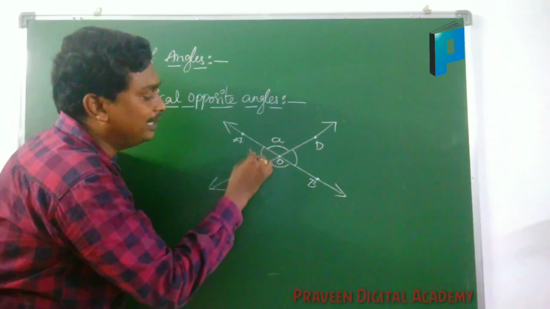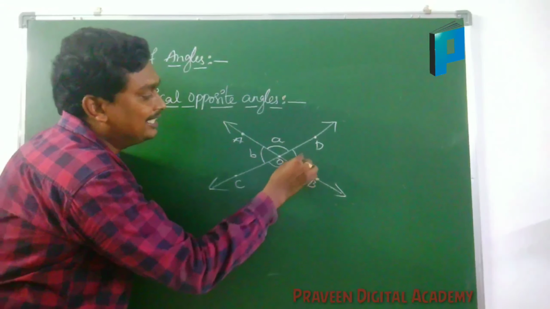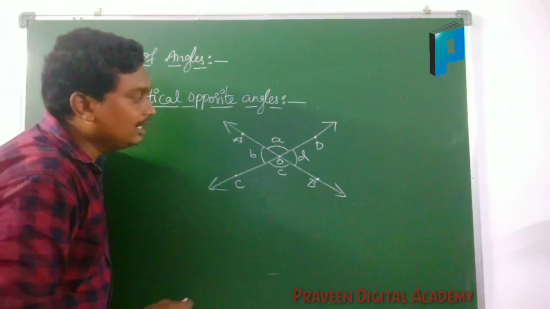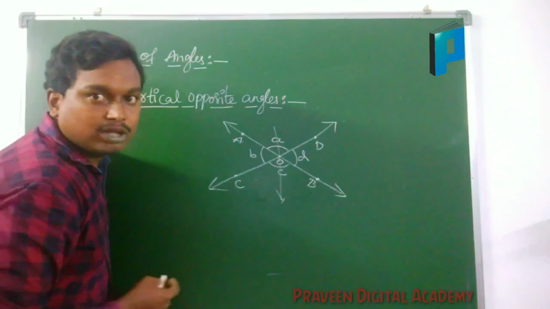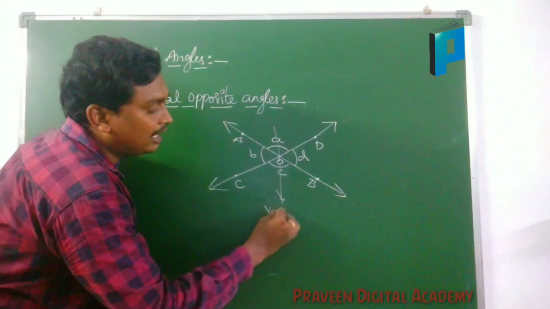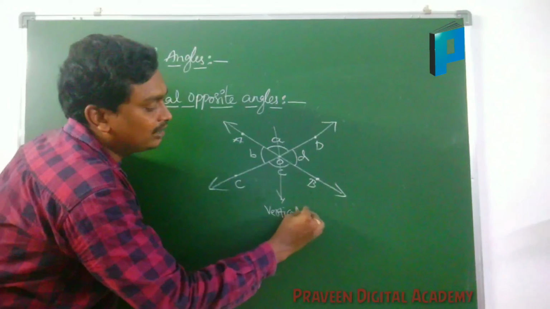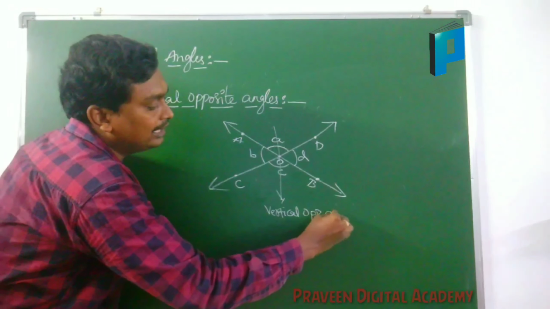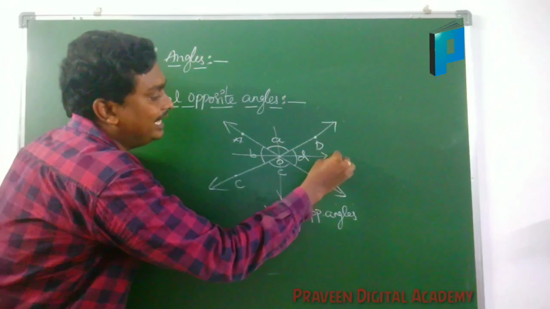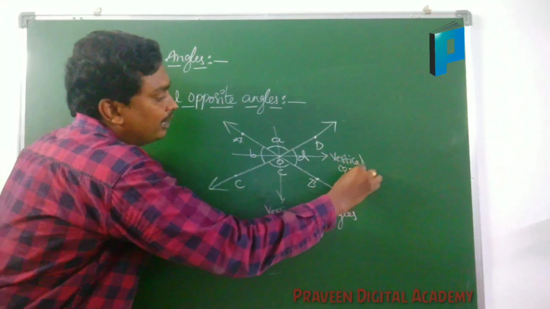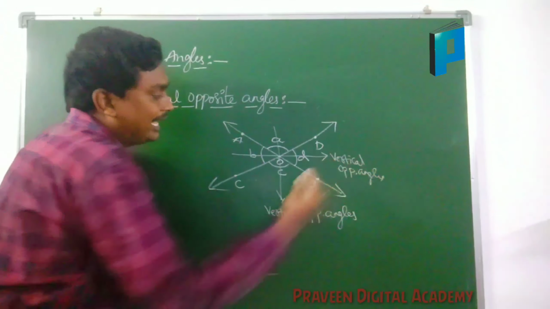Let the four angles be A, B, C, D. Here, A and C are both called vertical opposite angles. And B and D are also vertical opposite angles.